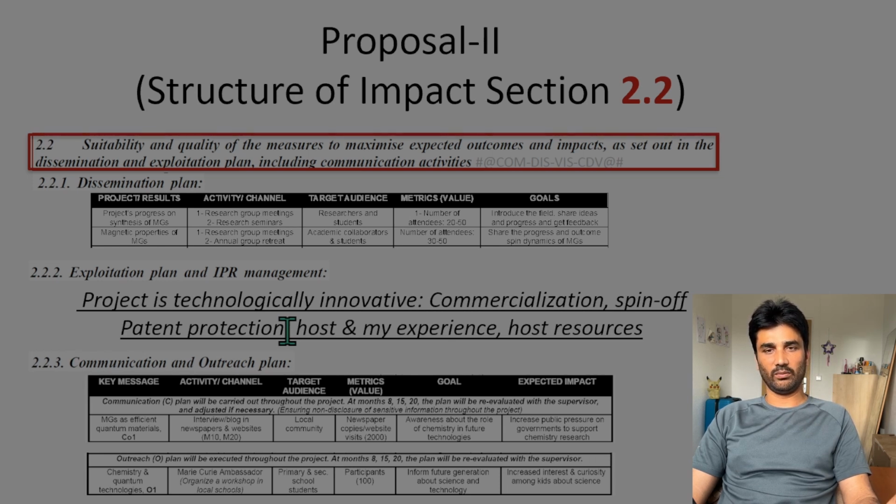So we will have a solid plan of patent protection if some results have this kind of commercialization potential. And this was quite solid at the time when I wrote it, and this was also mentioned by the reviewers in their evaluation report of my second proposal.